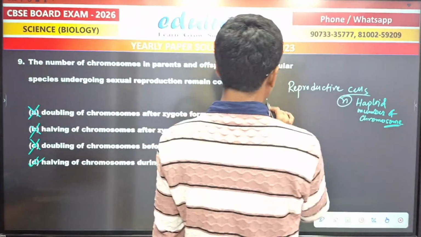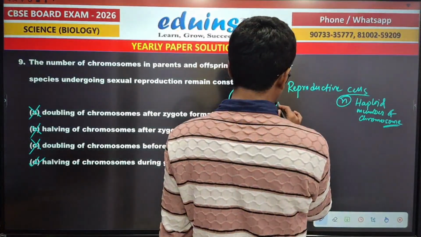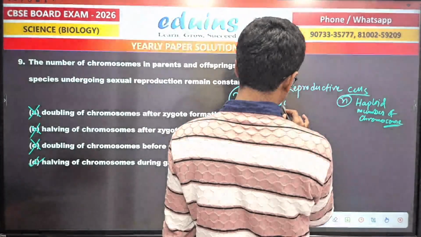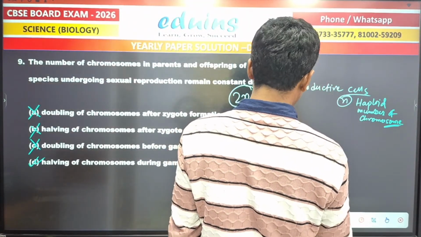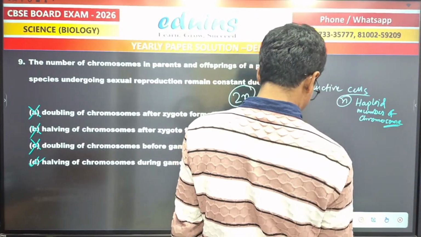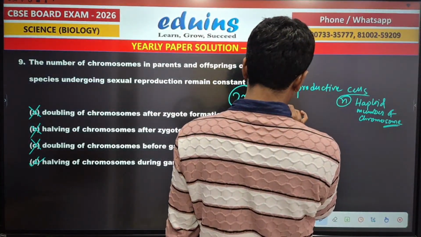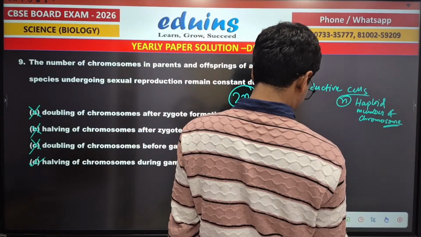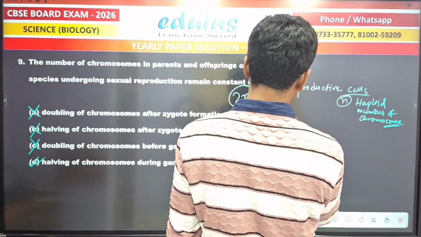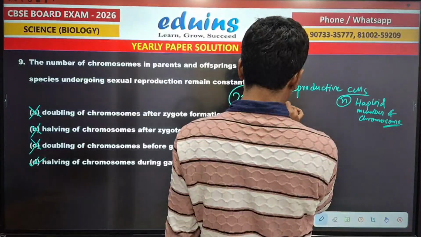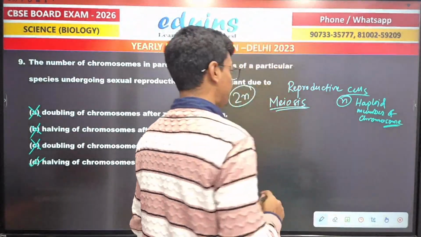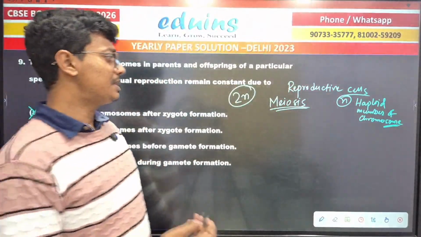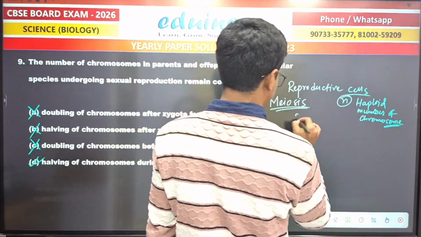In reproductive cells, they have special type of cell division, that is meiosis. So in meiosis, the chromosome number actually get halved.